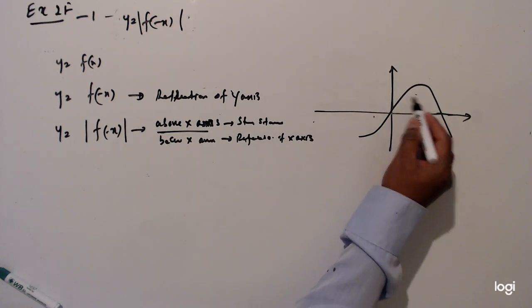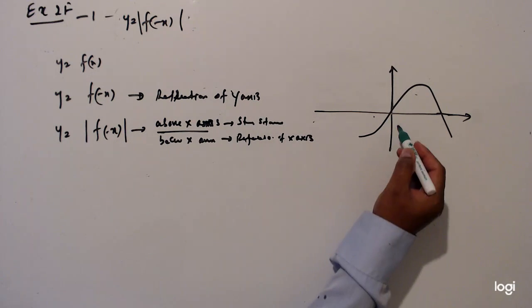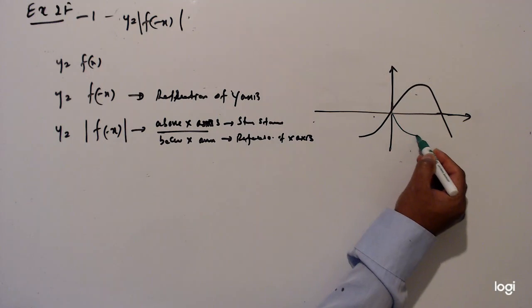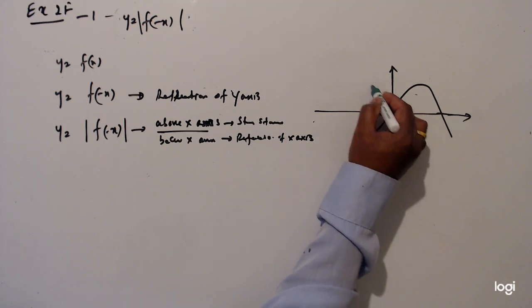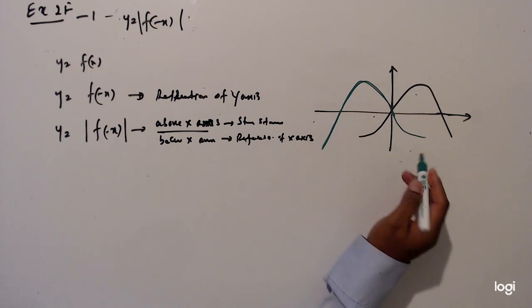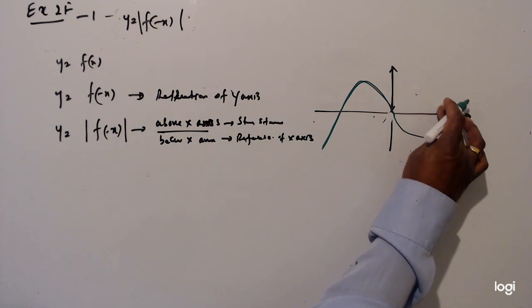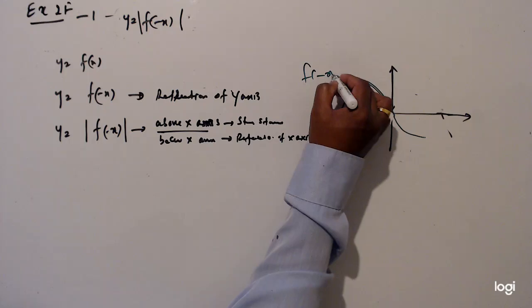So this is the original graph. Then reflection in the y-axis. This part is going to be here. This part is going to be here. Now this is f(-x).